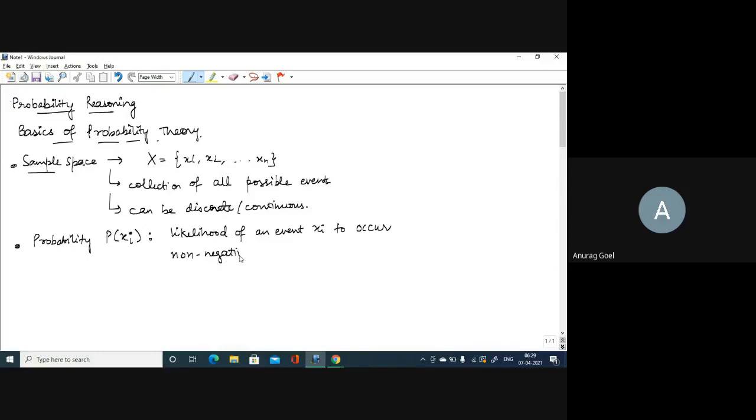It could be zero, but it could not be less than zero. It's a non-negative value in the range of 0 to 1. And the total probability of the sample space is 1.